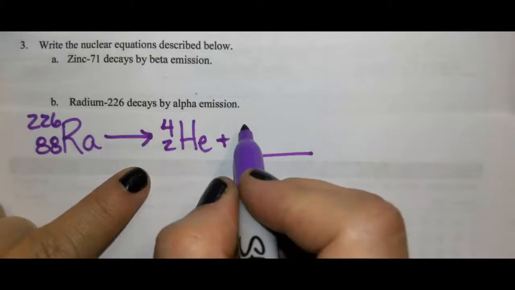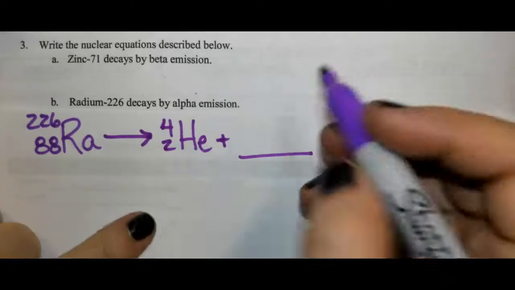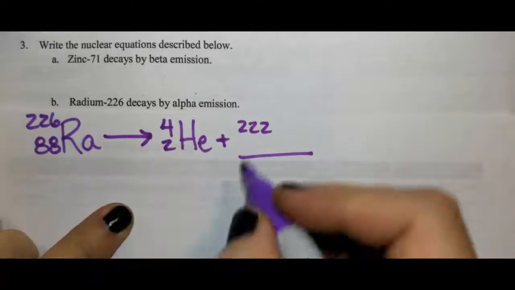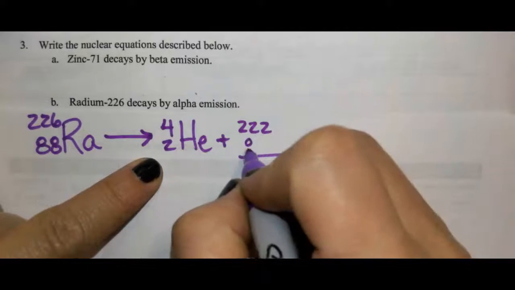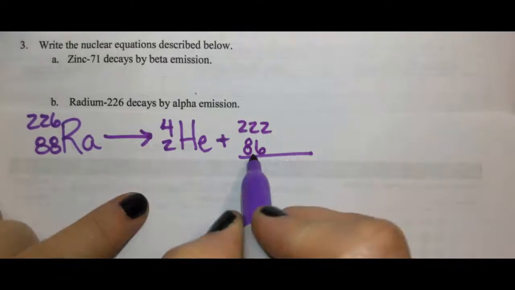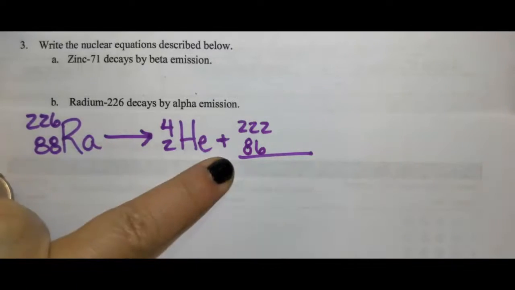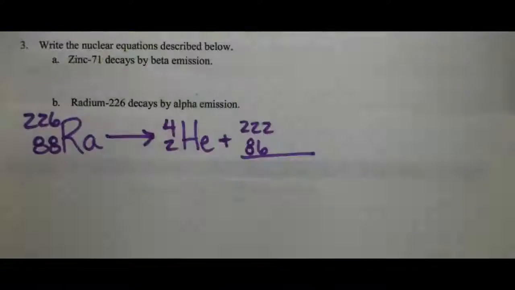So 4 plus what will give me 226, and that's going to be 222. 222 plus 4 equals 226. Down here, this has to be 86, because 86 plus 2 equals this 88. So I look up what is 86 on the periodic table, and that's going to be Rn, or radon.